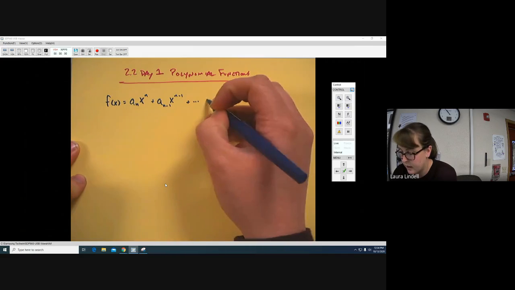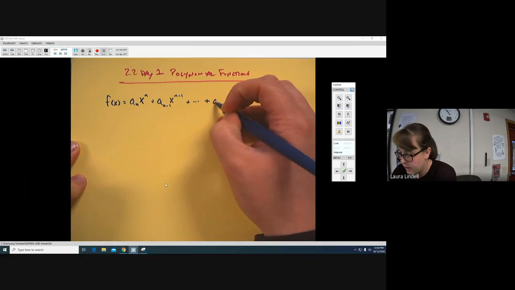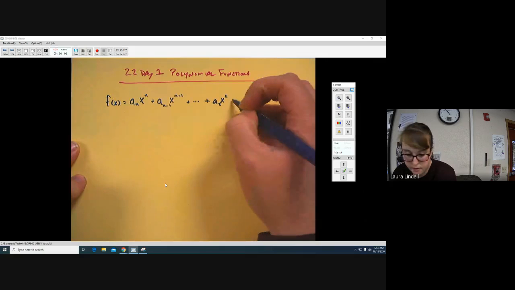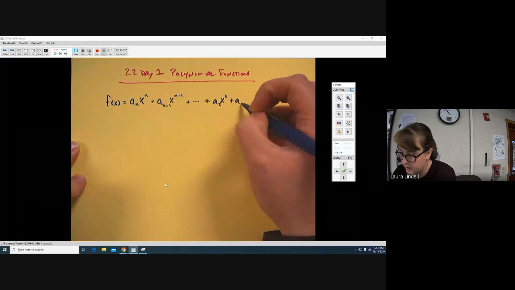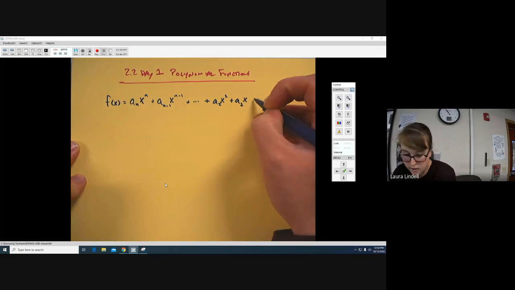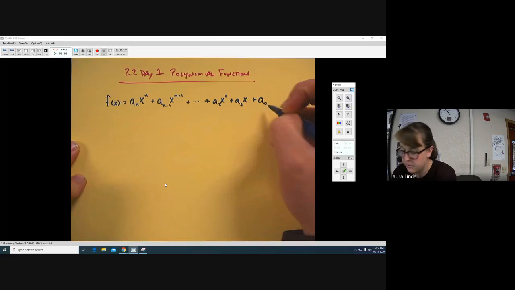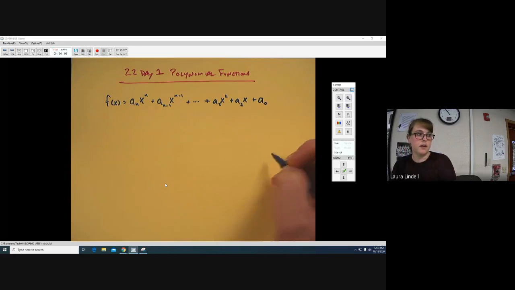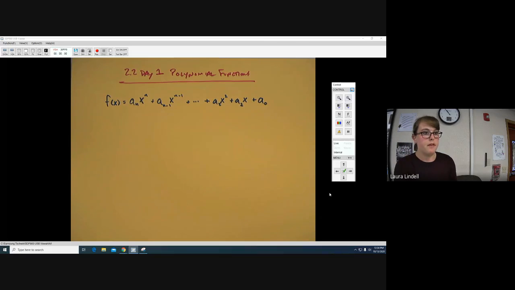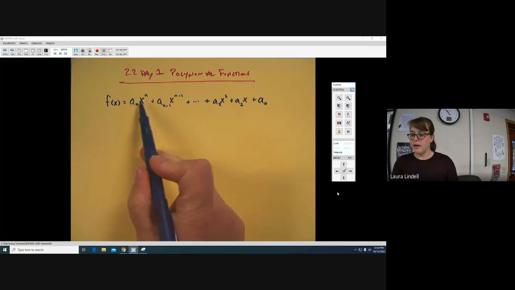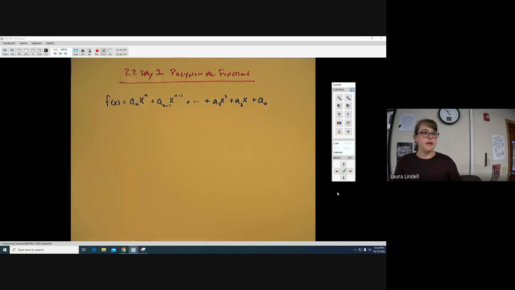Plus dot, dot, dot, plus a sub 2 x squared plus a sub 1 x plus a sub 0. Okay, so any function that can be written as basically a bunch of added together x to some power is a polynomial function.